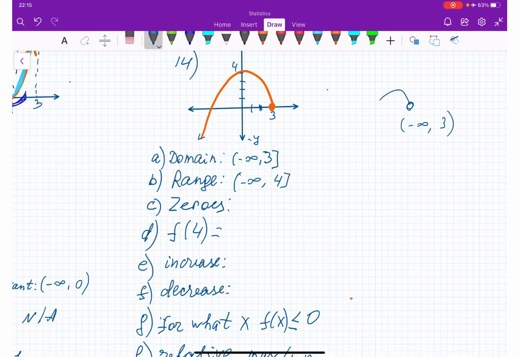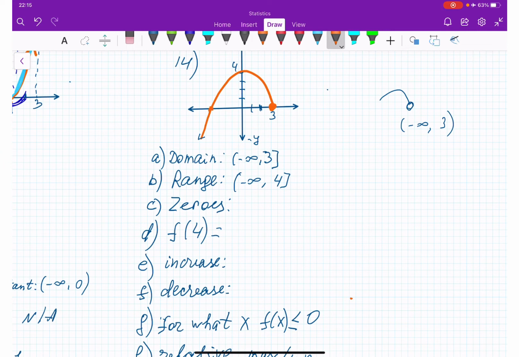Next, zeros. At what point of x is my y 0? Okay, which means we need to find our x-intercept practically, which is going to be what? It's going to be at this point, 3.